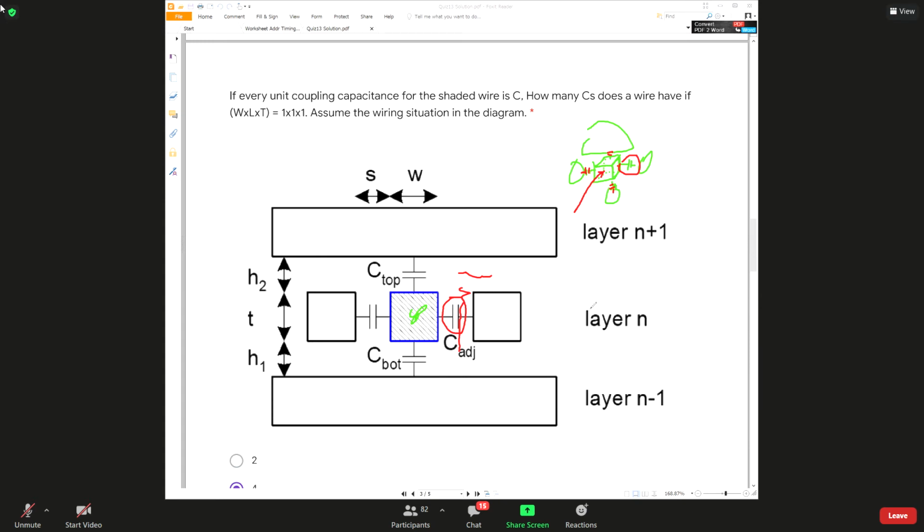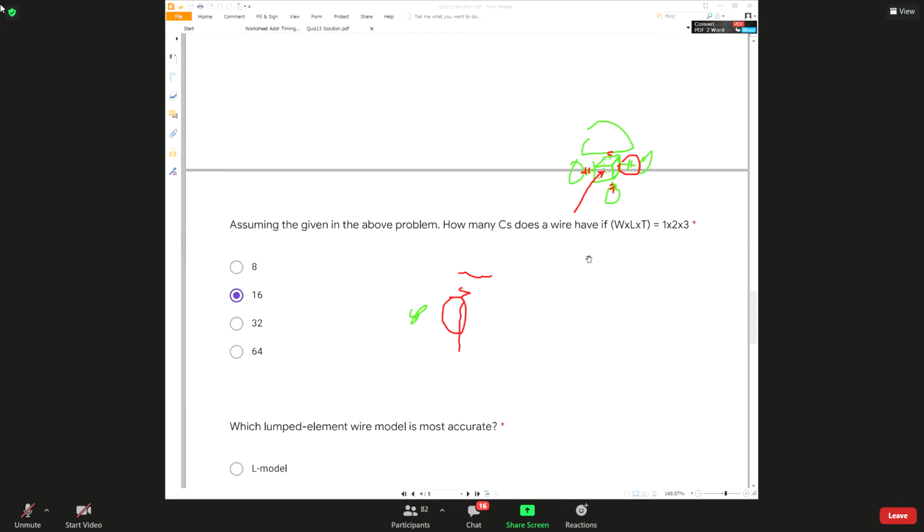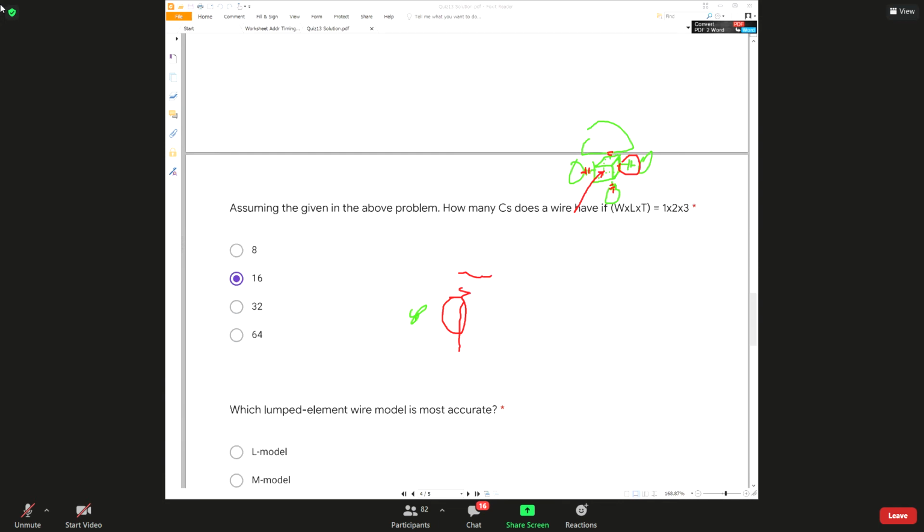Now, remember this image. We're going to go down to the next problem, which asks: now the size of your device has changed, and your new device looks like the following.